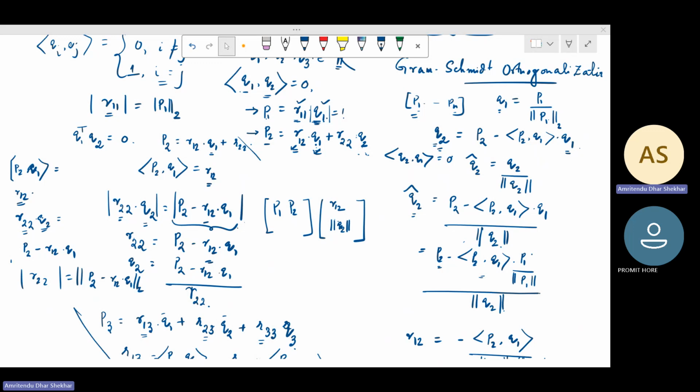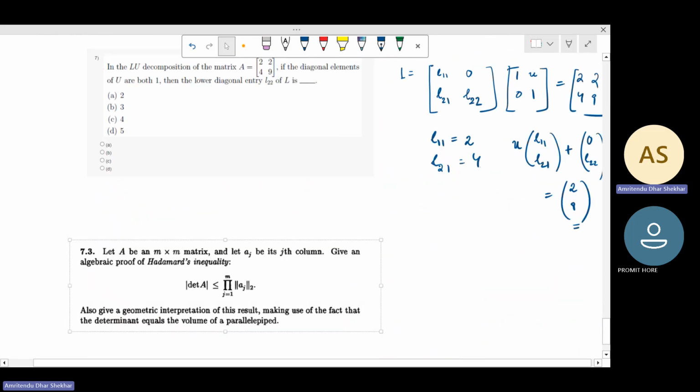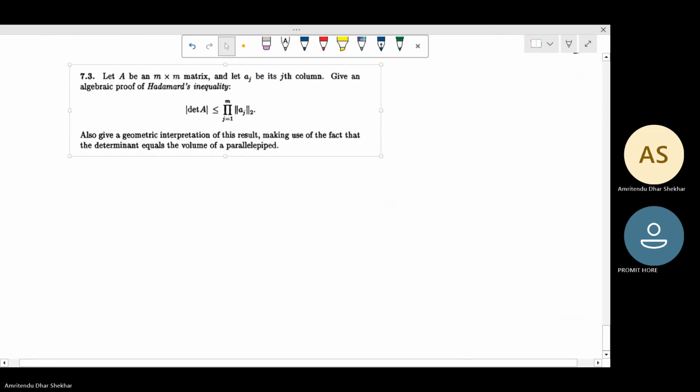Let's see how we can use the QR decomposition to solve this. We're given a matrix A in R m cross m.